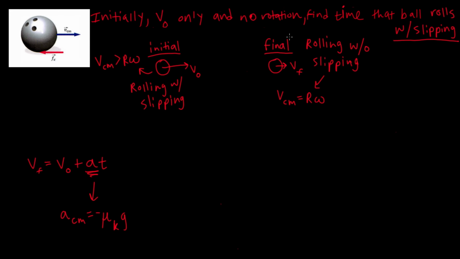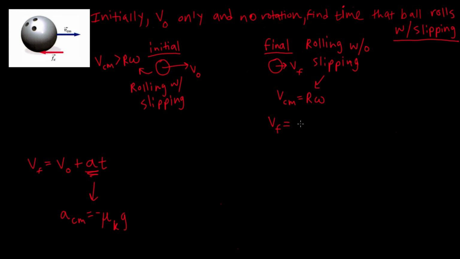let's now look more closely into the final state of the bowling ball when it rolls without slipping. So we said that when an object rolls without slipping, the non-slip condition is satisfied.